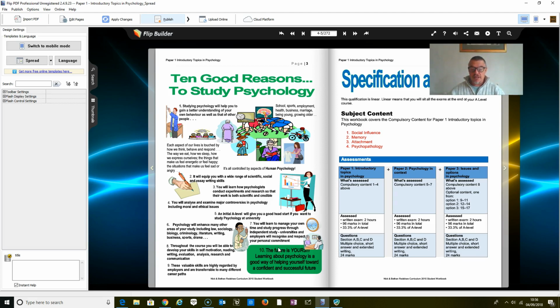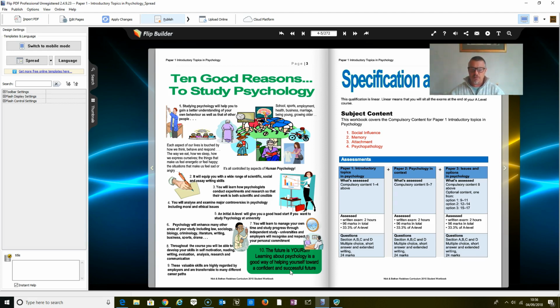You will learn to manage your own time and study progress with independent study. Universities and employers will recognise and respect your personal commitment here. So number 7, doing this and going online, looking at YouTube, looking at Google, and looking at concepts, will all add to your research skills, which is invaluable, leading to lifelong learning skills.